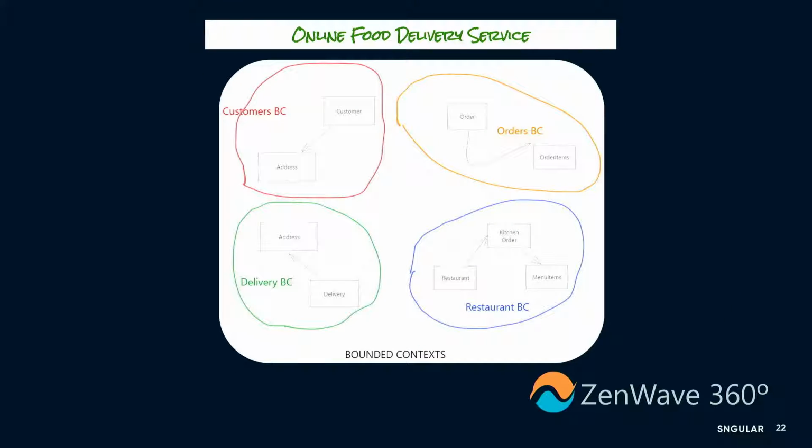And as I said before, because I believe that working software is worth more than 1,000 words, in this session we are going to deconstruct and build back together an event-driven application, an online food delivery service that is composed of 4 different bounded contexts or microservices, depending on how you deploy them.